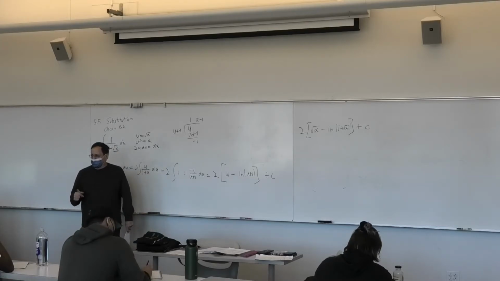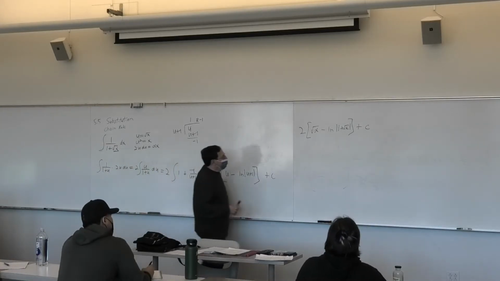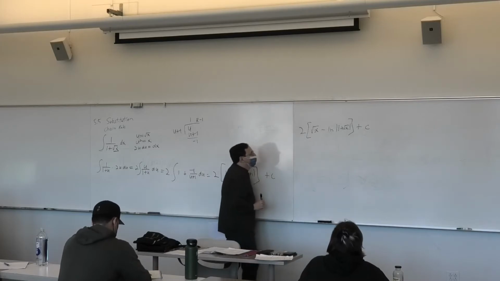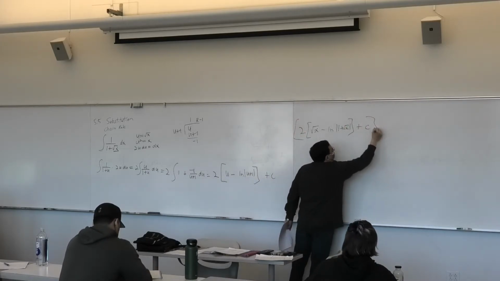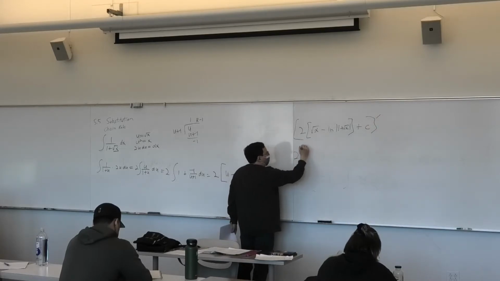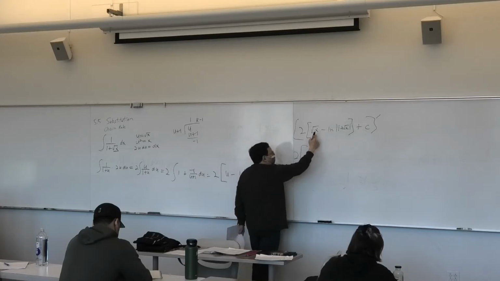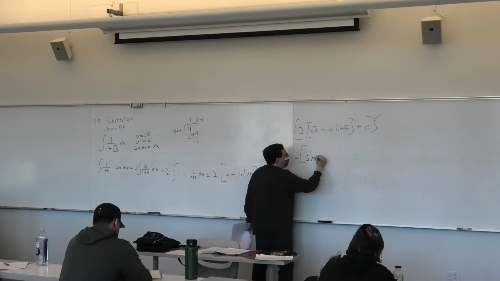I think it's worth repeating the exercise of checking this. Let's find the derivative. The 2 can stay outside. Derivative of the square root of x is 1 over 2 square root of x.